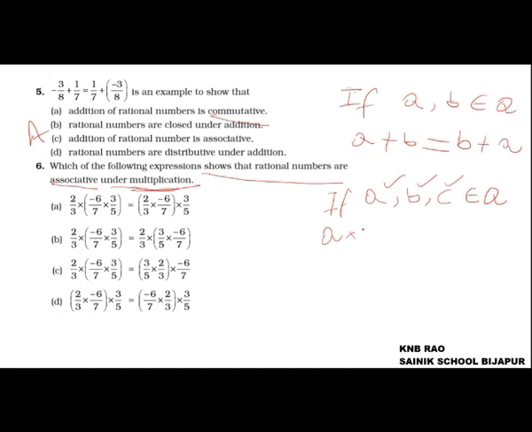The product of any 3 rational numbers, however you multiply them, is the same. So you need to observe that. The right answer is again option A only.